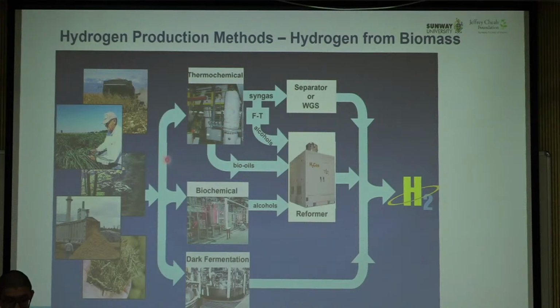So this one is also a method to produce the hydrogen, through the biochemical process, the fermentation process to produce the hydrogen. So going through the thermochemical process, if it goes through the pyrolysis process, then we have to go through another process, Fischer-Tropsch, to produce the hydrogen.